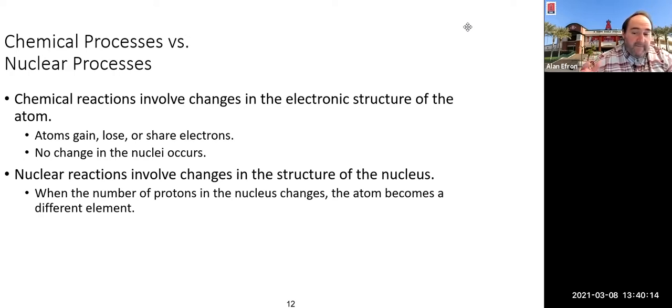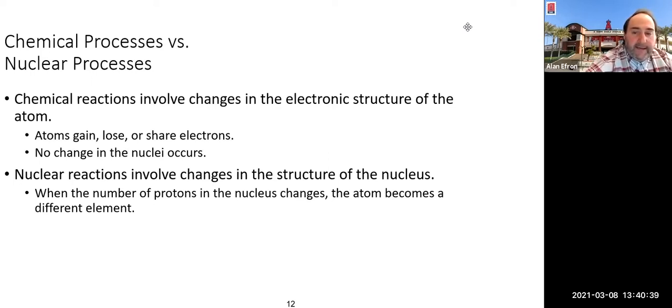It involves a lot of energy to change those things, and that's why nuclear reactions usually give off a tremendously greater amount of energy than a traditional chemical reaction, where we're just playing with electrons, because we have to go in there and really change what's going on in the nucleus. And obviously that requires a big difference in energy.